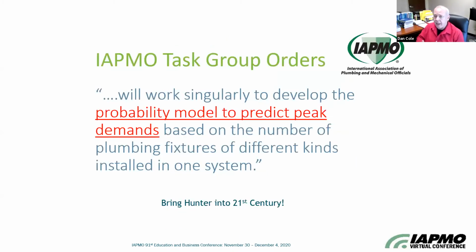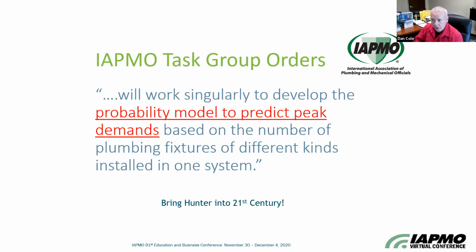That was the task that IAPMO gave to a task group. This was about 8-9 years ago now that we started this project. The task group was to work to develop a probability model. We're still working with probability, we're still working with statistics, but to develop a probability model to predict peak demands.